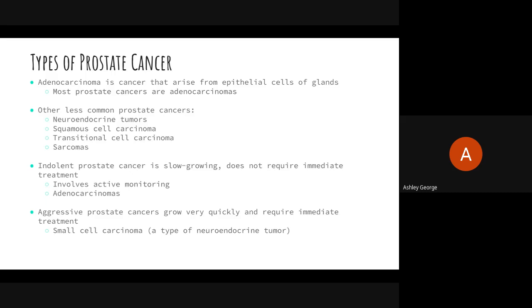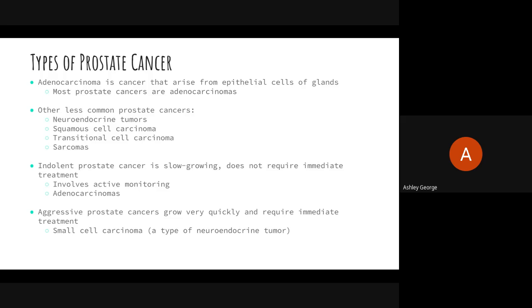There is a difference in the aggression of the cancer. So indolent prostate cancer is slow growing. It grows over a span of several years and doesn't necessarily require immediate treatment. It's not quite as aggressive. We'll get into some of the treatments in a minute here, but the main treatment for indolent prostate cancer would be active monitoring, monitoring the growth of the cancer.